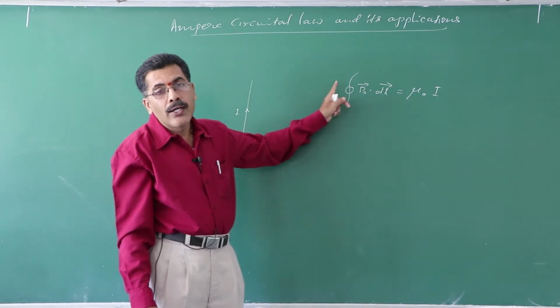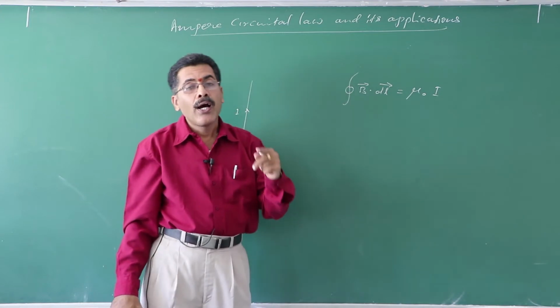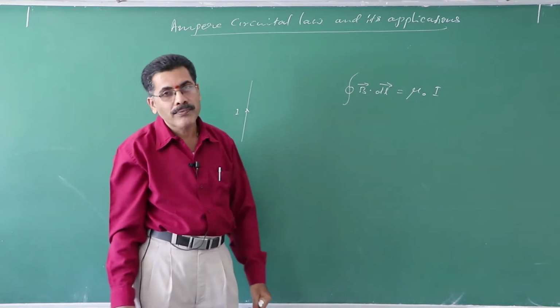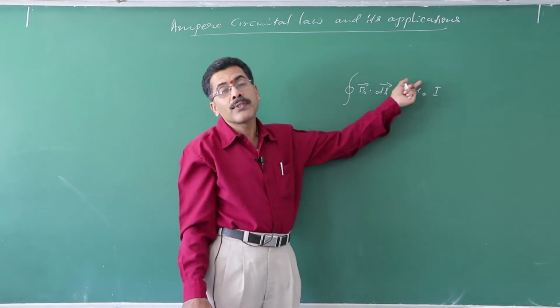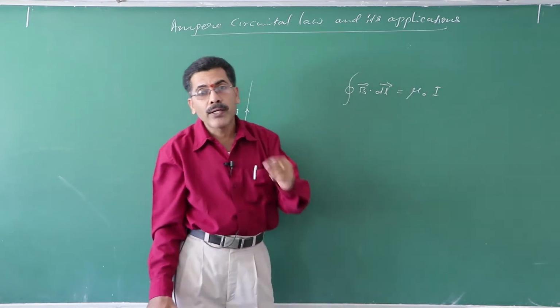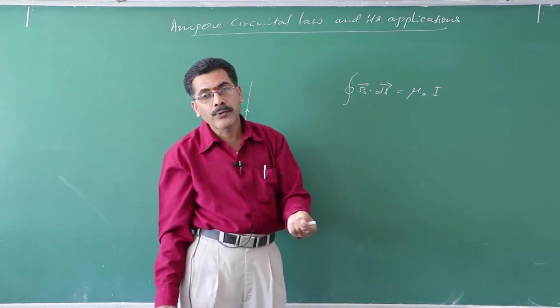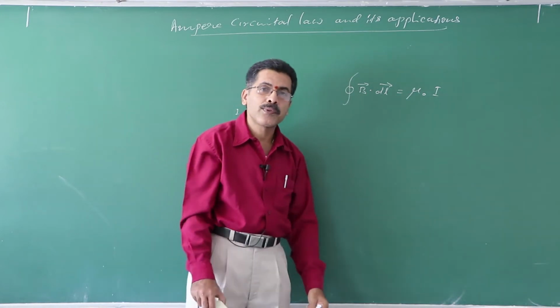The line integral of magnetic field around any closed path in free space is equal to mu naught times the total current passing through any surface enclosed by the closed path.